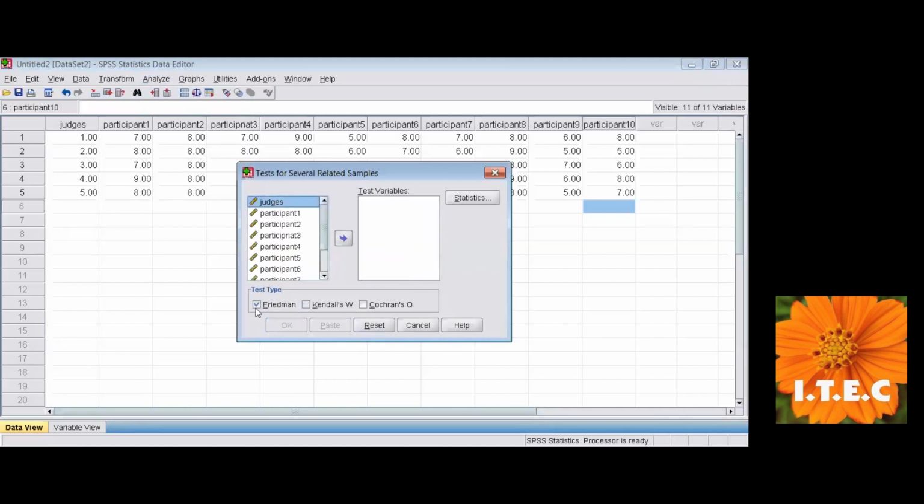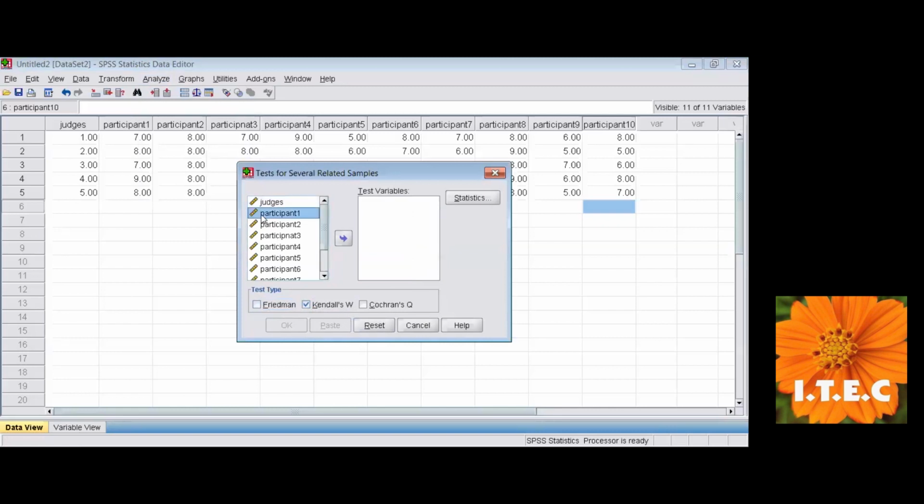Now, here is a Friedman. This is the Kendall's W. I have to click on the Kendall's W, and you can remove the Friedman.